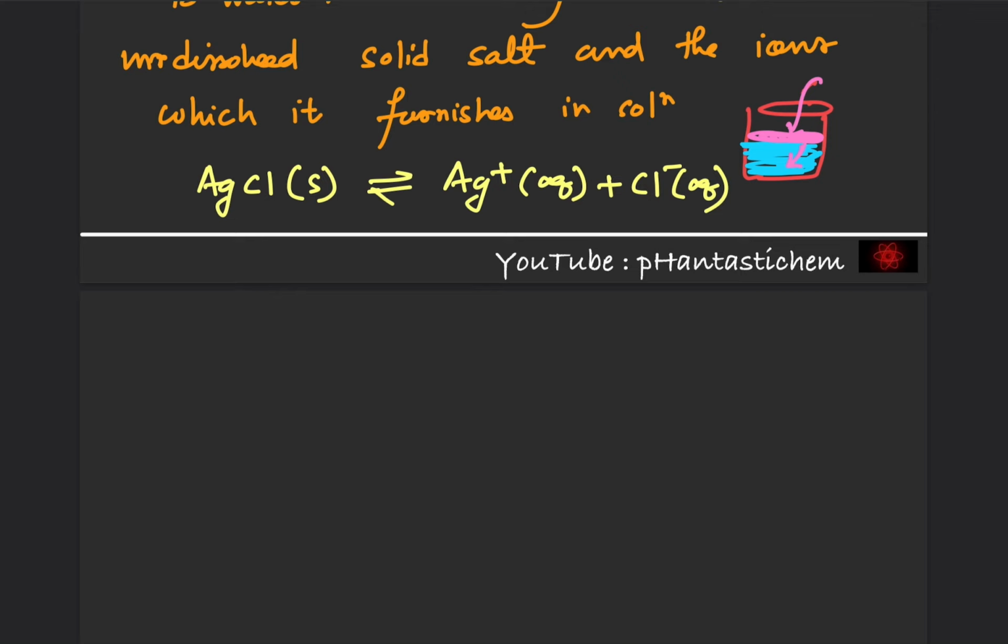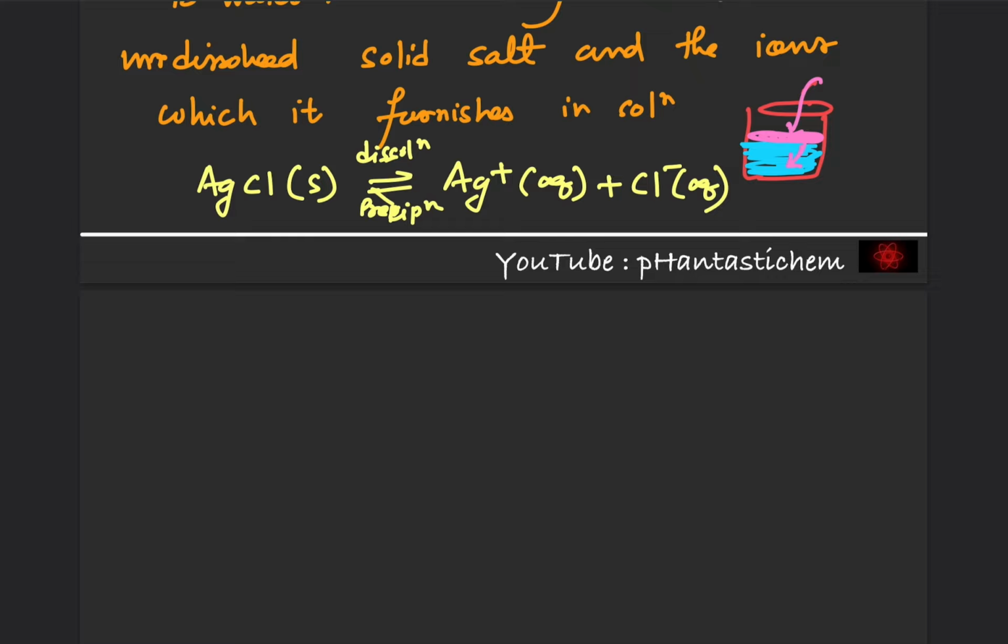So because of that, the amount of undissolved salt does not change. Very important. Whatever amount of salt got dissolved into the solution, obviously we have a certain amount of undissolved salt left. The amount of that is not going to change because the rate has become equal now, forward and backward. So here the forward reaction is dissolution, the backward reaction is precipitation.